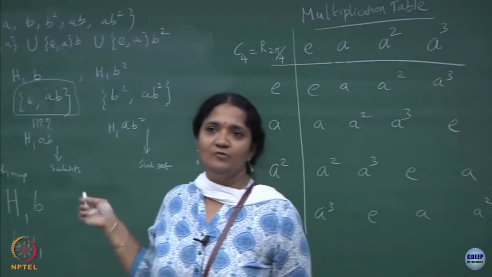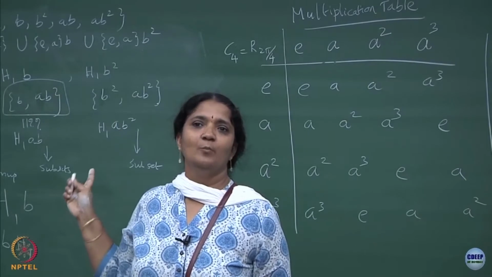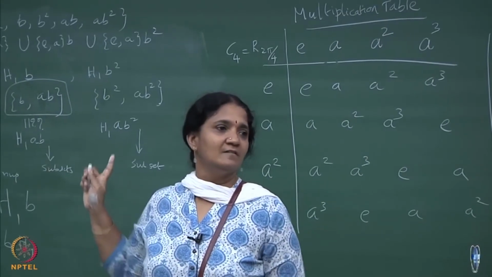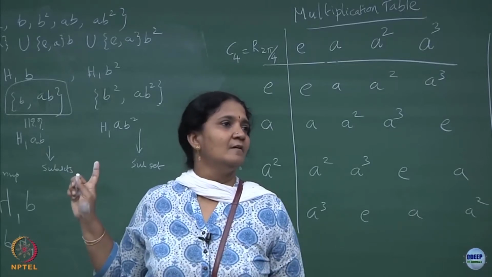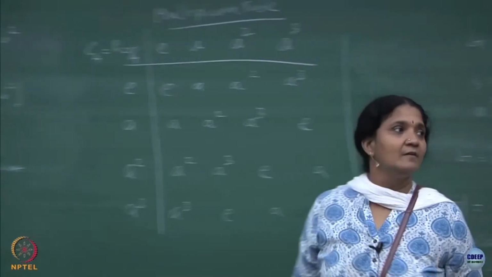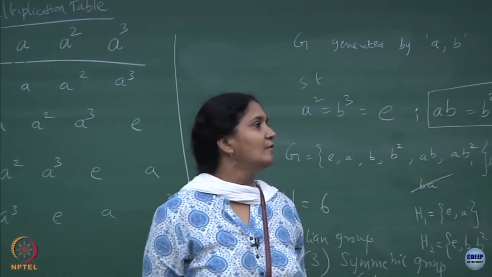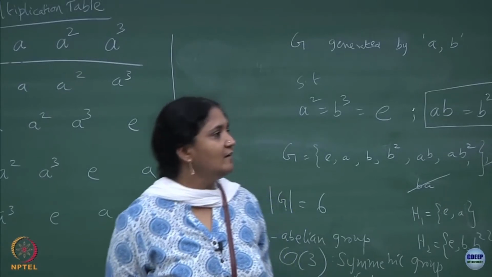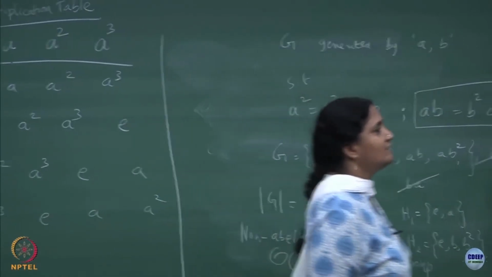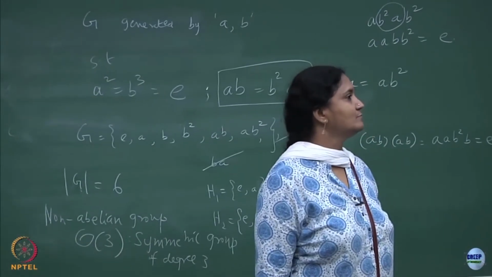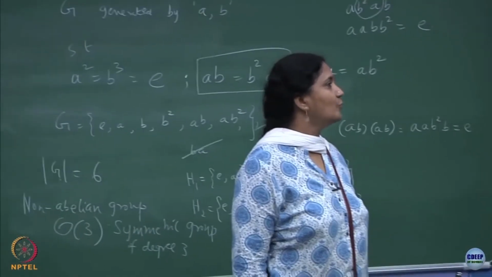One was a left coset where you multiply the group element to the right, the subgroup is on the left, whereas if you do the right coset, vice versa, you do see that left coset is not in general same as right coset for any arbitrary subgroup.